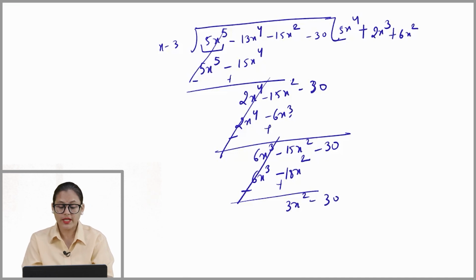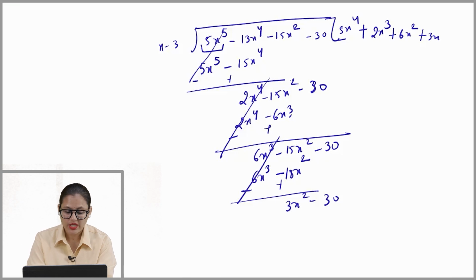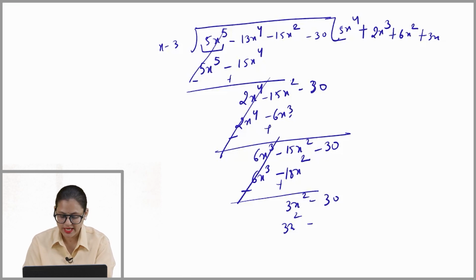Now plus again, so here we will multiply by 3x. x into 3x is 3x square. Minus 3 into 3x is 9x. Minus plus. These are not like terms, so we will write 9x minus 30.